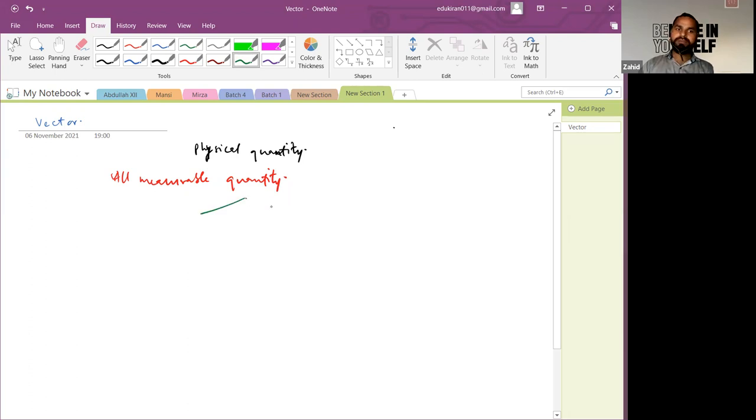Now we may divide this measurable term into two parts. Let's say first is x, any physical quantity having some numerical value and some specified unit for the measurement. So x is any physical quantity, n is the numerical value, and u is the specified unit.